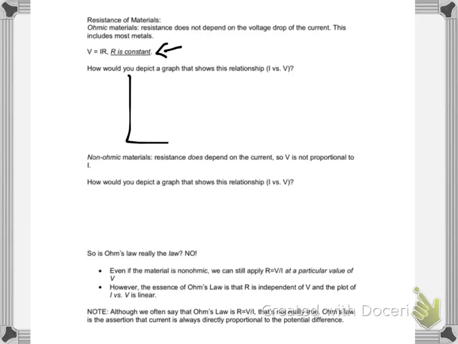So if we were to graph I versus V, what would that look like? Well, if it's directly related, then it should be linear. And if it's linear, first question, should it go through 0, 0? Well, yeah, if you have no voltage, you're not going to have any current, so 0, 0. Now, the way that it's drawn, I versus V, what would the slope be?